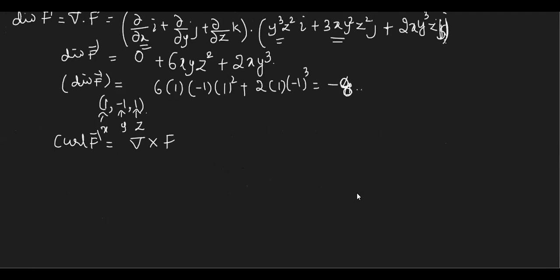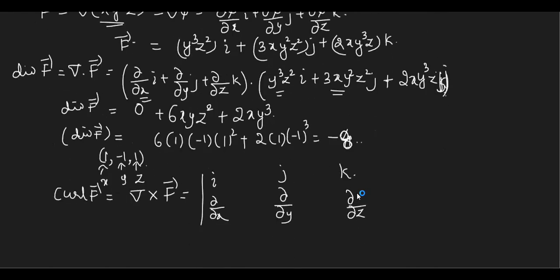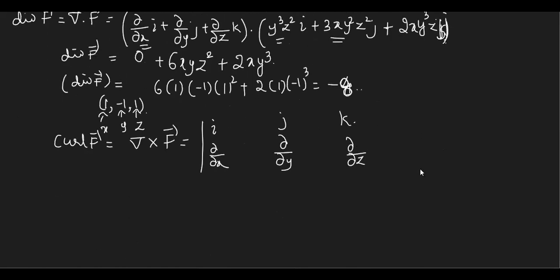Curl means curl, cross product, del cross F. Yeah, next third row is for i, j, k coefficients of F. Just expand it, simplify and tell me the answer. Very interesting answer you will get.